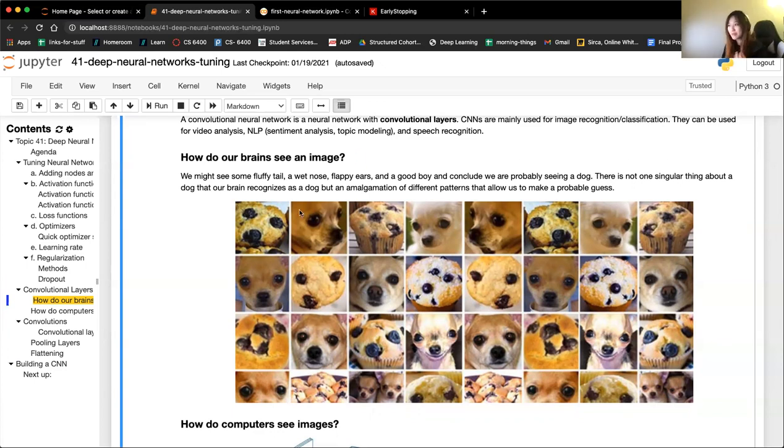For us, we might see a tail, a wet nose, flappy ears, good boy, and conclude that we're seeing a dog. There's not one singular thing about a dog that our brain recognizes, but more so an amalgamation of different patterns that allow us to make a probable guess, right? I do get confused by some of these muffin images.